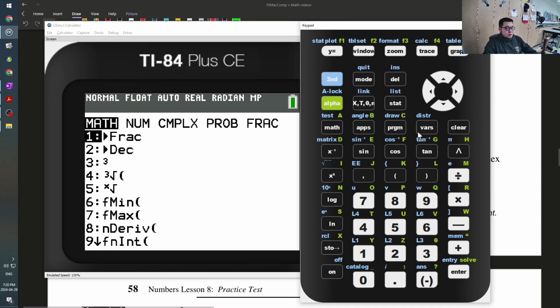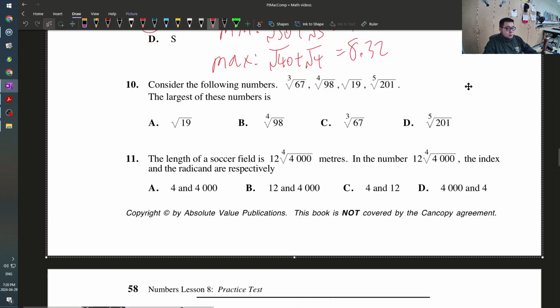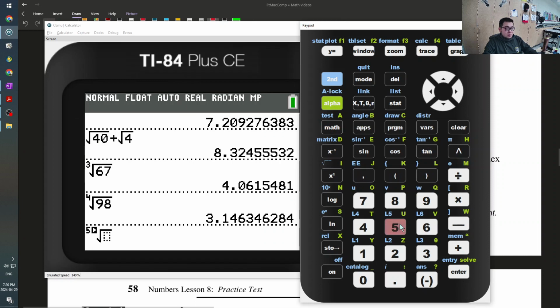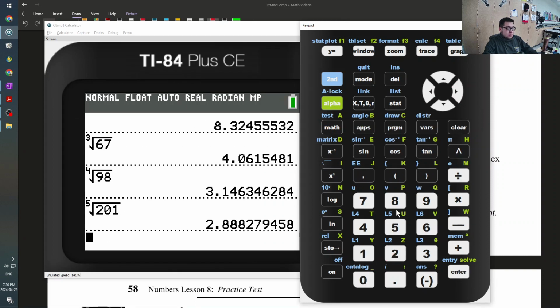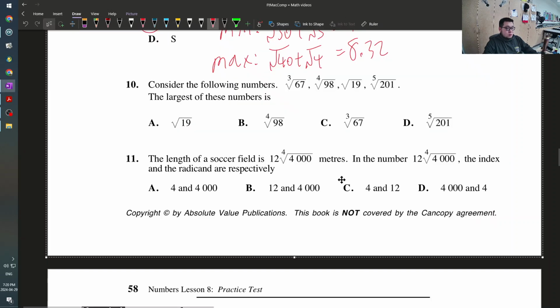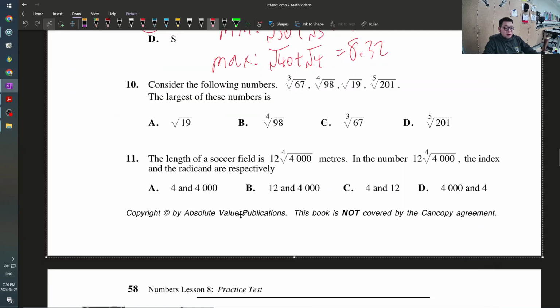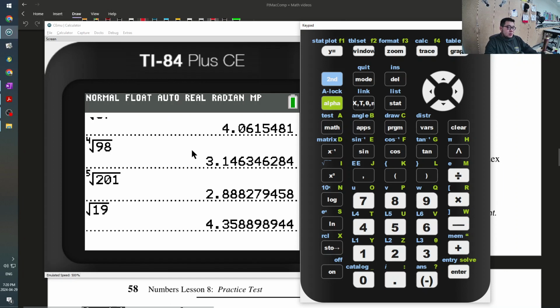Third root of 67. Oh, I have that already. Square root of 19. Fifth root of 201. And lastly, square root of 19. Okay, and what do I want? I want the largest number, so 4.35 seems to be the largest. 10 is A.